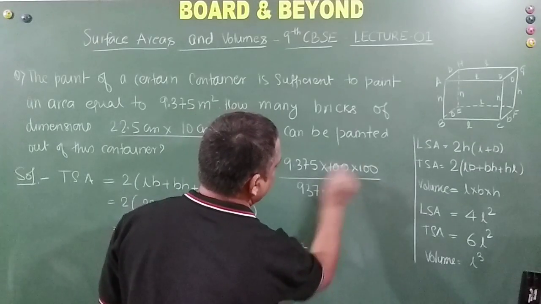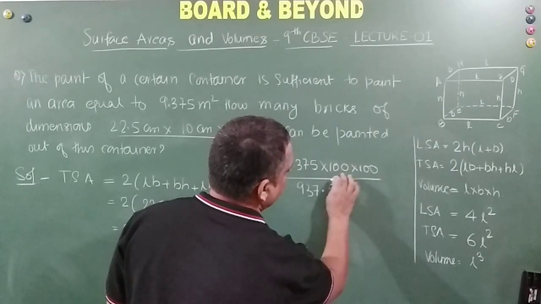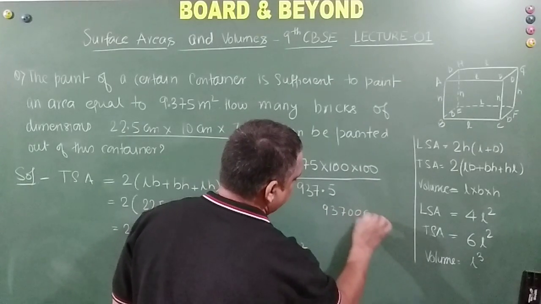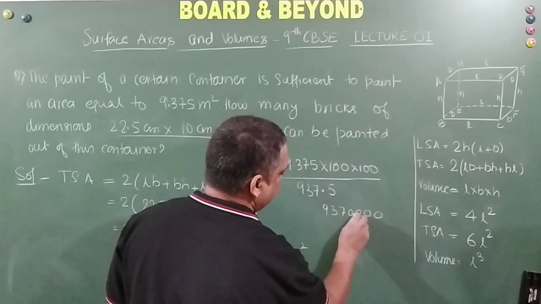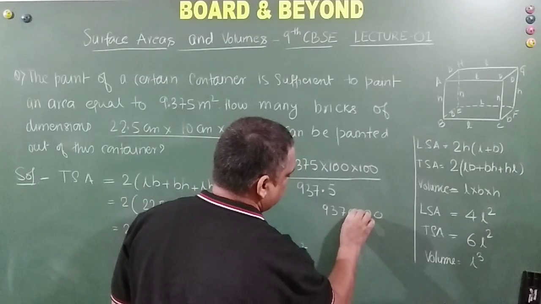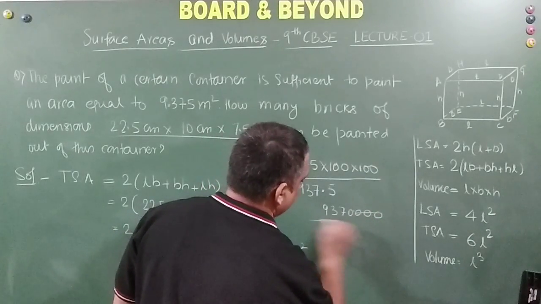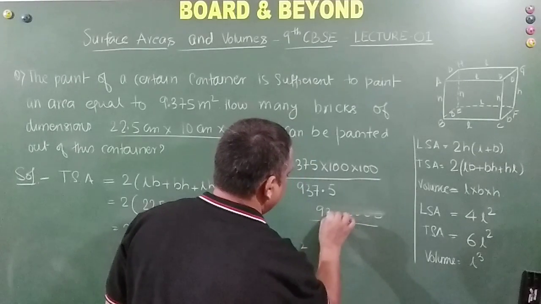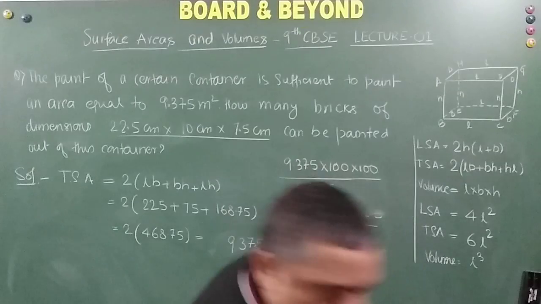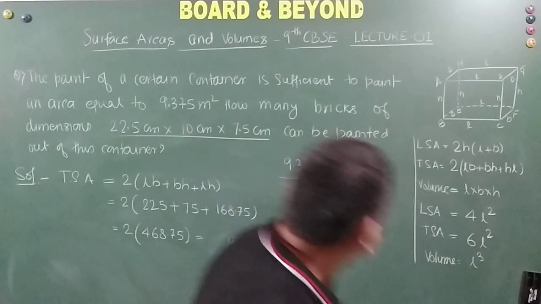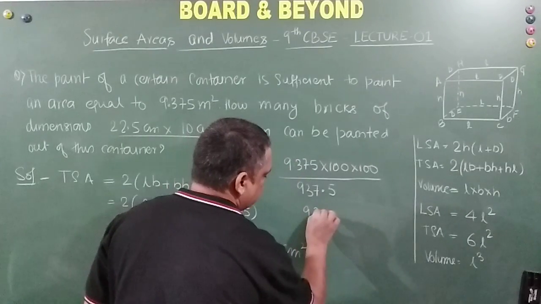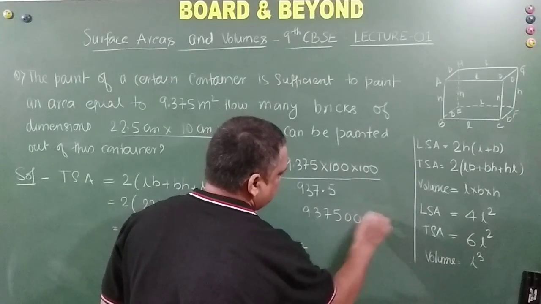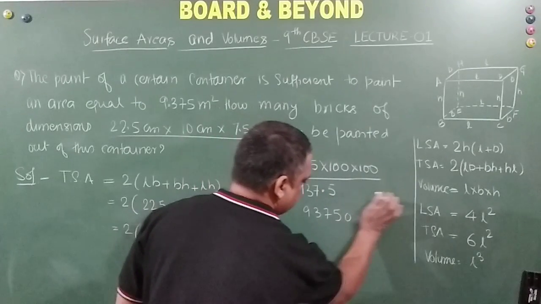So this becomes how much, my friends? 4 zeros, right? So 937.5, 1, 2, 3, 4 zeros, decimal after 3 digits. So 9375000, after 3 digits, this is gone.